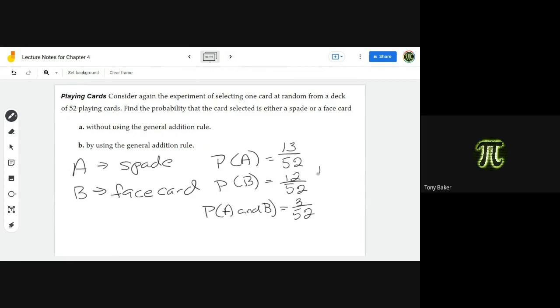So we have to add those first two and then subtract off the final piece. And then that'll give me the probability of A or B. So we got 13 plus 12 is 25, minus 3 is 22 out of 52.